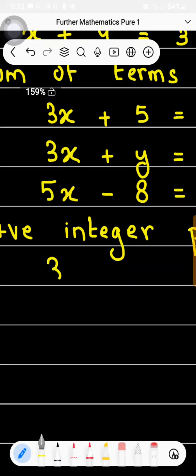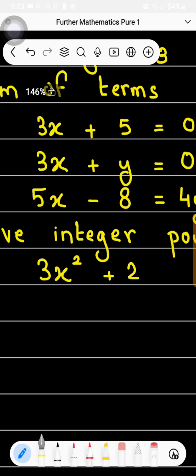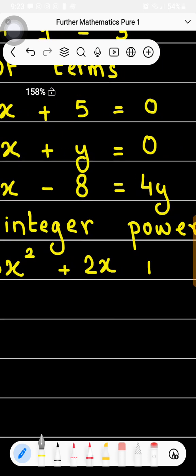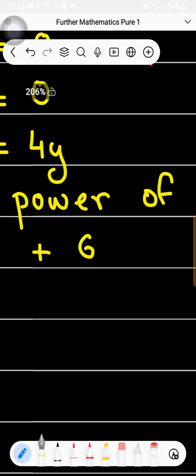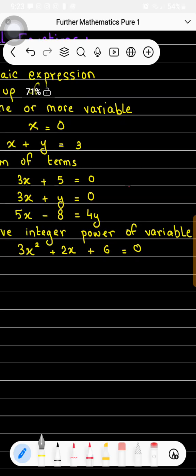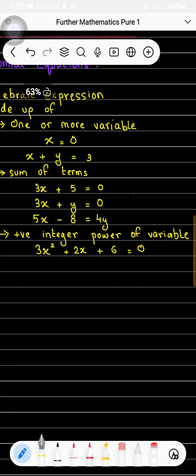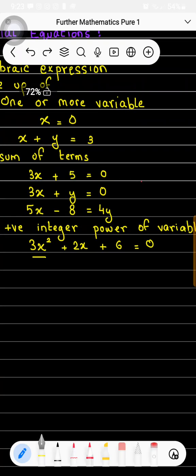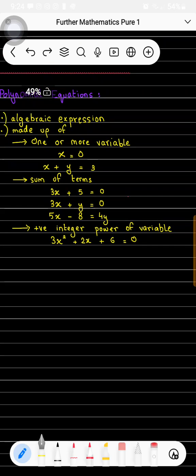The first example is 3x square plus 2x plus 6 equal to 0. We will check all the conditions one by one. The first condition was one or more variables. There is one variable. Then sum of terms. Yes, the first term, second term, third term, and all are getting added. So there is a sum of terms. Then the third condition is positive integer power of variable.